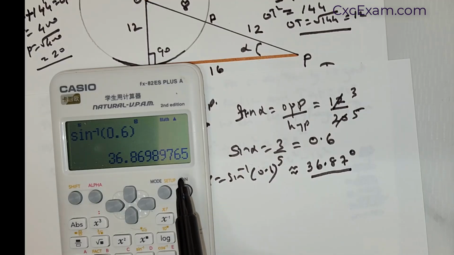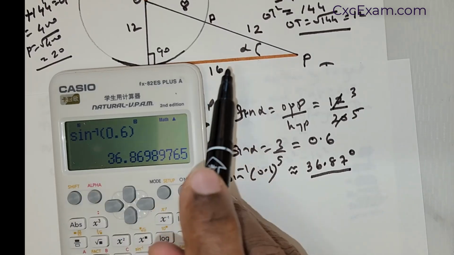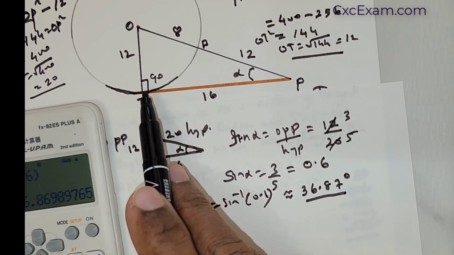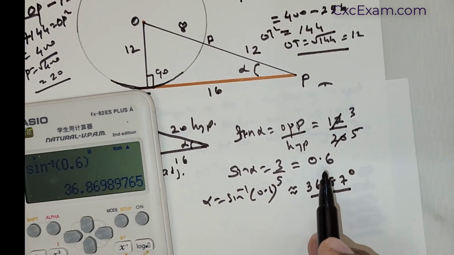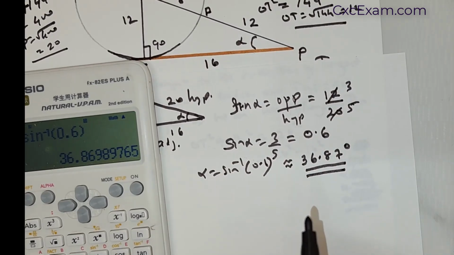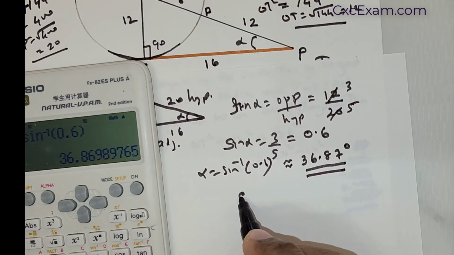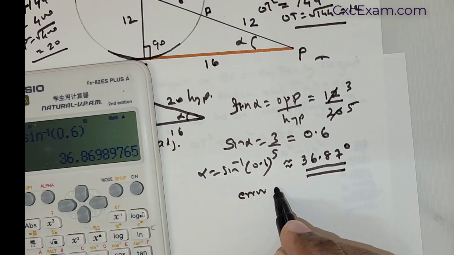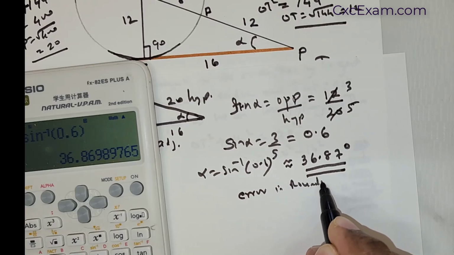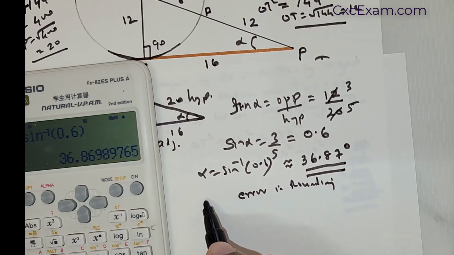Please have that in mind. What do I exactly mean by this? It means that if I were to add this number to its counterpart, it will produce 90 degrees. That is the reason I am rounding it here. Because there is this question of what is called error in rounding, and that would mean we are actually approximating.